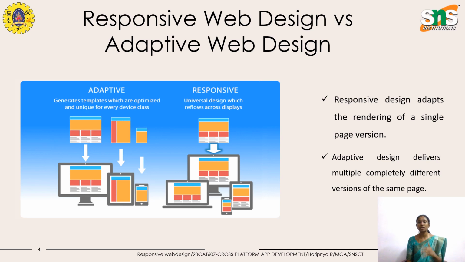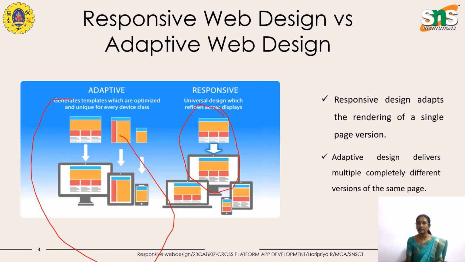We have to write the code for each and every device. In responsive design, we work on a single page version, and it is automatically adapted to each and every design. That is the main difference. This is an adaptive design, this is a responsive design, and each size is a different device.